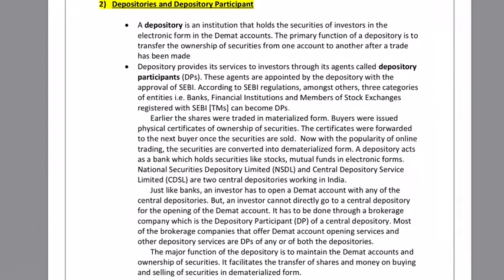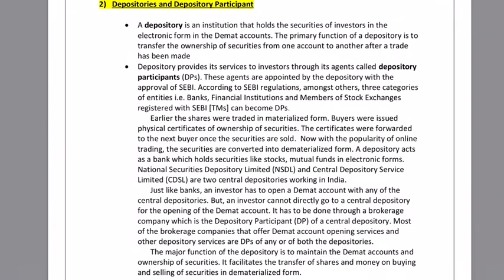There are two major institutions in India which act as depositories. One is NSDL, or National Securities Depository Limited, and the other one is CDSL, that is Central Depository Services Limited.